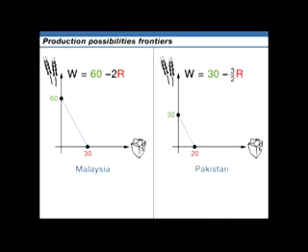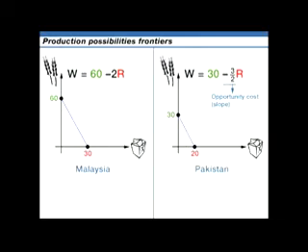I could get the same information if I used the formula for Pakistan's production possibilities frontier. Wheat is equal to 30 bushels, that's the maximum production, minus 3/2 times the amount of rice production. Remember, -3/2 or -1.5 is the opportunity cost in Pakistan of producing another bushel of rice.